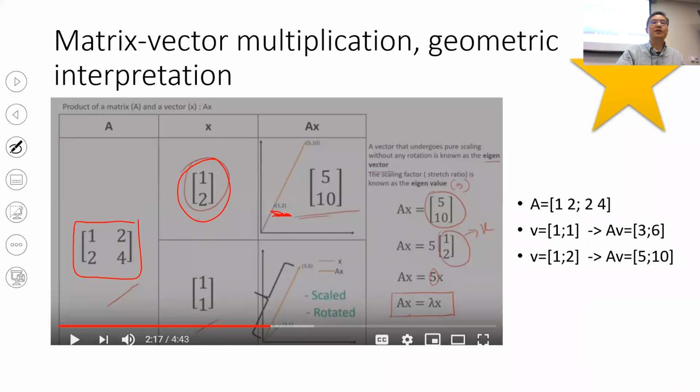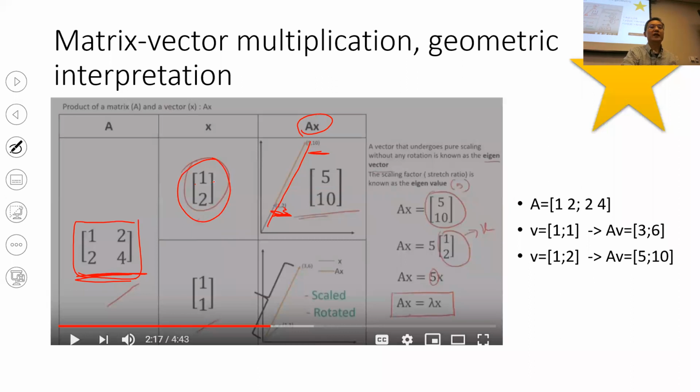So you see, this original point is here, and after multiplying by A, this point becomes 5, 10. I tell you, this is a special case. Normally, you don't expect these two points to be on the same straight line. This very special case means the multiplication by matrix A did not change the angle of the original point, only changed its norm, making it longer, but it still keeps the same direction.